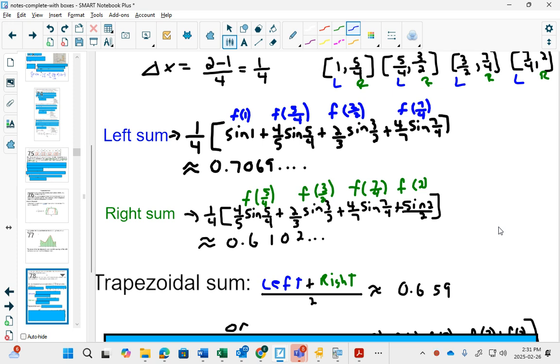When you draw out the intervals, I put little L's and R's under each of those. Can you see that when you're doing the left sums, you're using the left numbers, and when you're doing the right sums, we're using the right numbers.